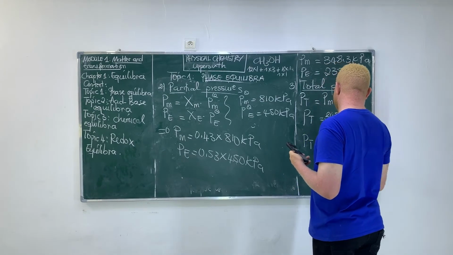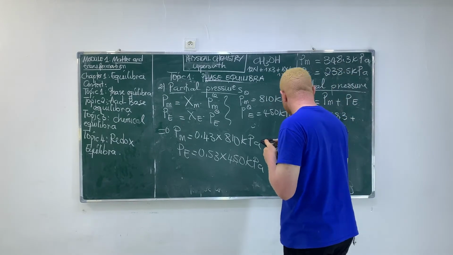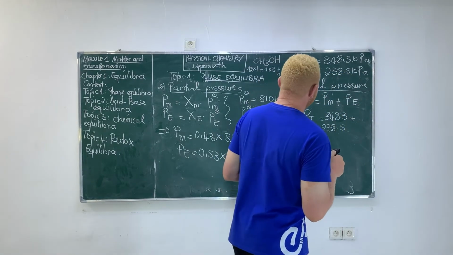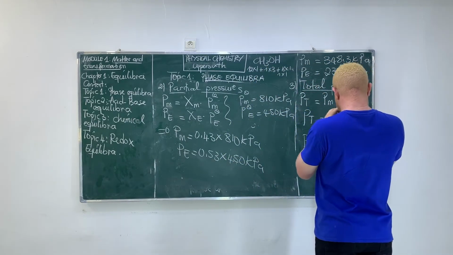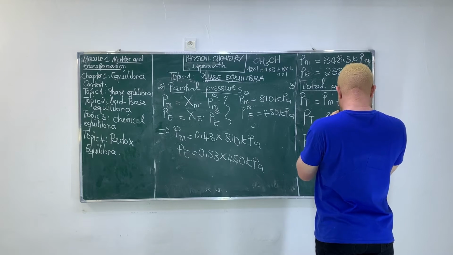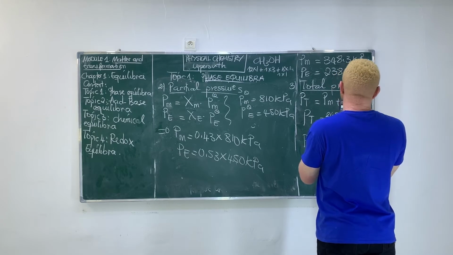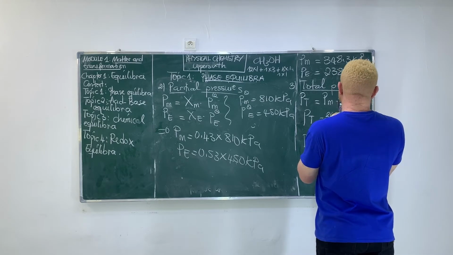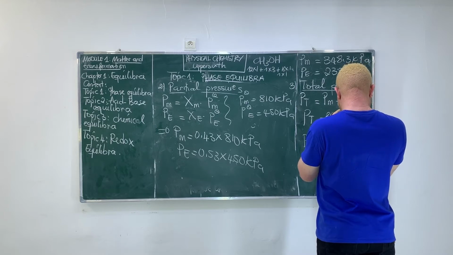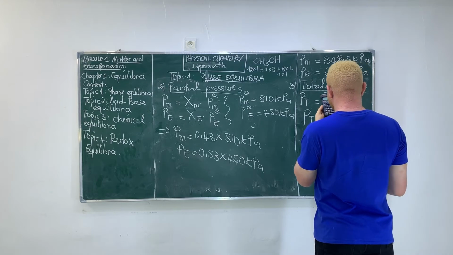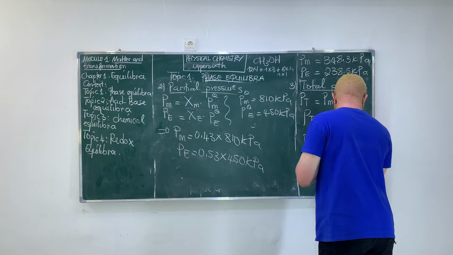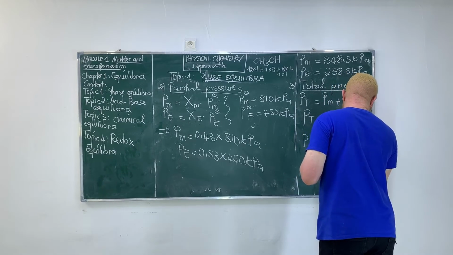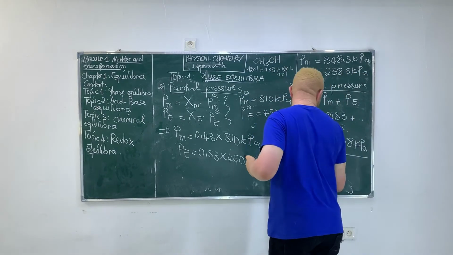The total pressure equals 348.3 plus 238.5. So we have 586.8 kilopascal. So that's our total pressure.